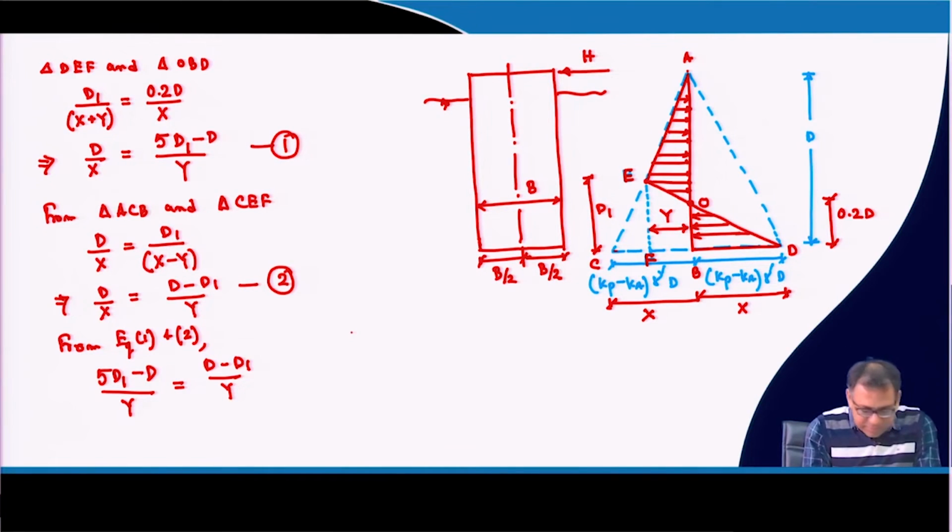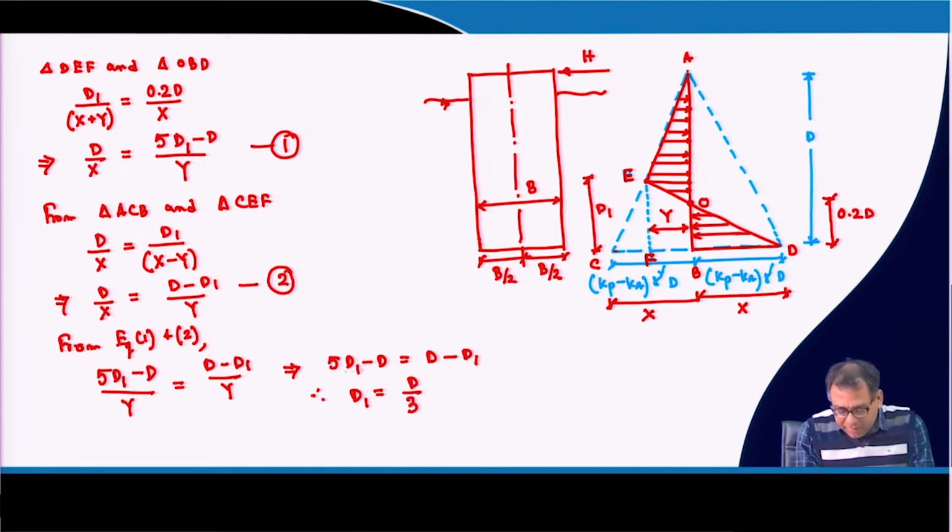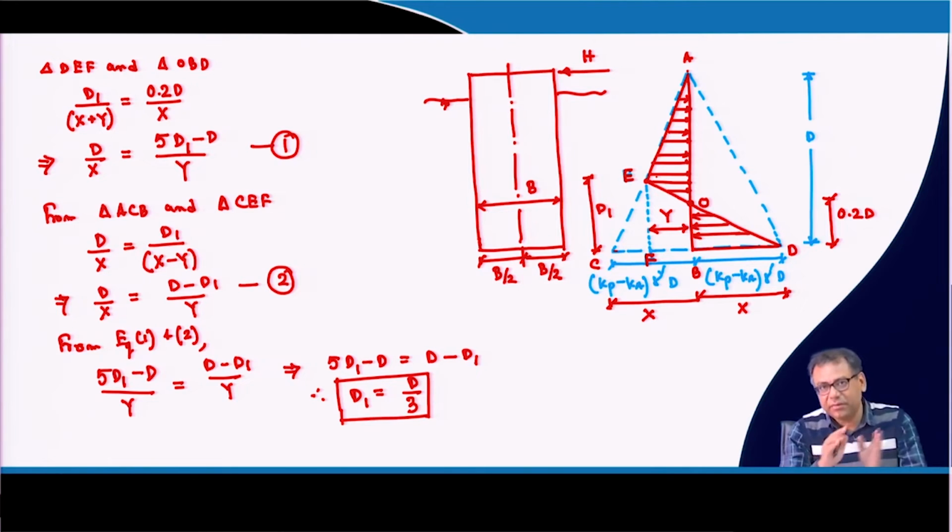If I simplify, I get 5 d1 minus d equal to d minus d1, so d1 is equal to d by 3. So, this d1, the point where the stress changes from this side to that side, this point E, is at a distance d by 3 above the base of the well.